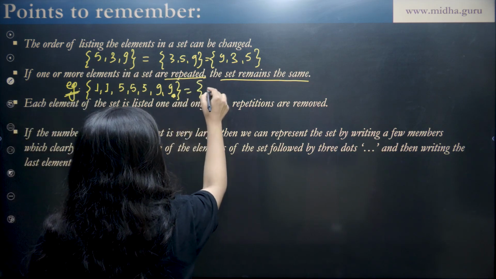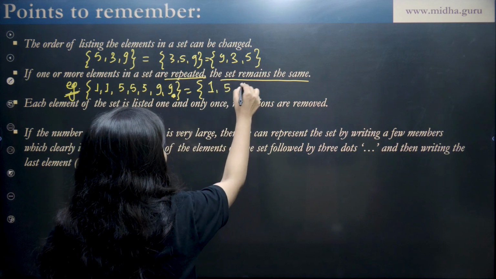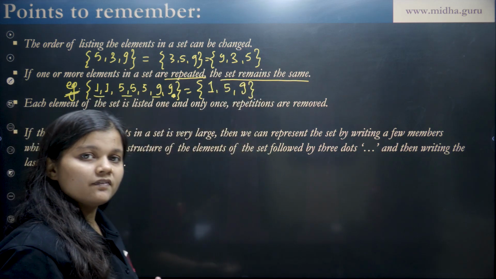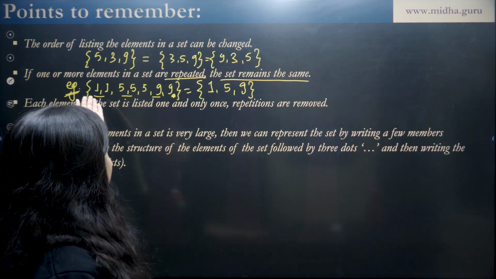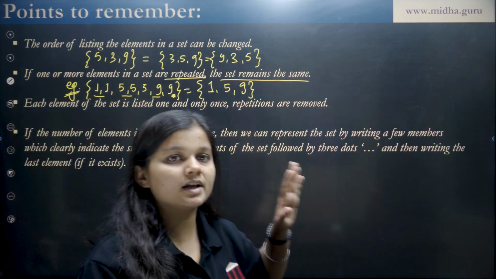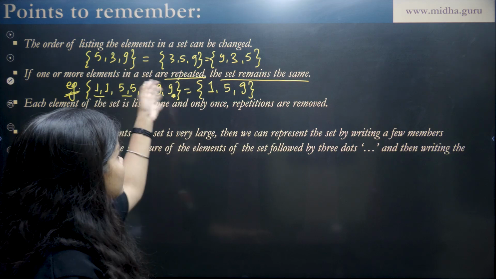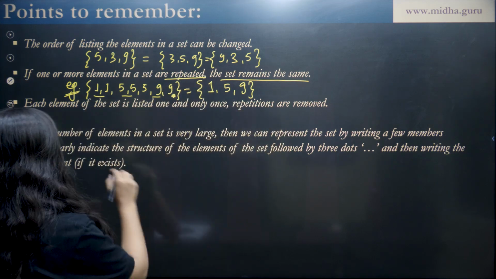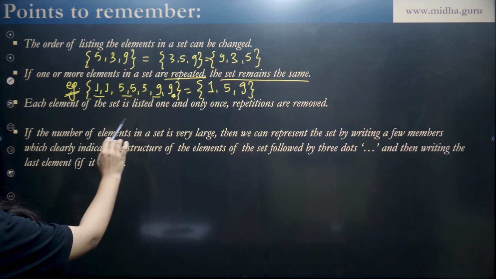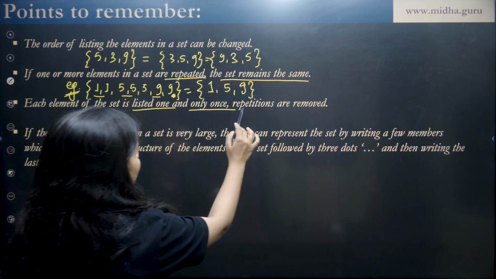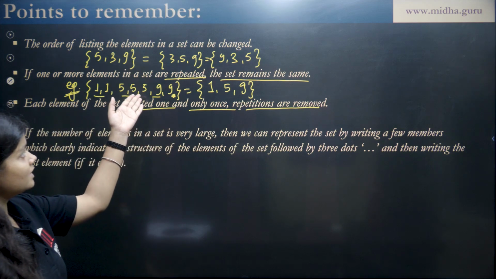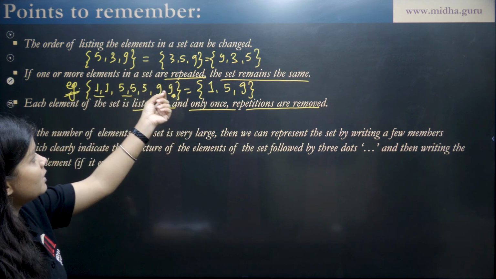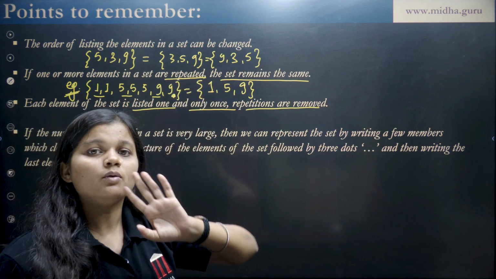So we can also write it like this: 1, 5 and 9, because it has only 3 different elements, right? So same elements can be neglected, and the set ultimately written is of different elements only. Okay, next is, each element of the set is listed one and only once, repetitions are removed. Like as I have told you in this example, repetitions are removed and each element is listed only one time.